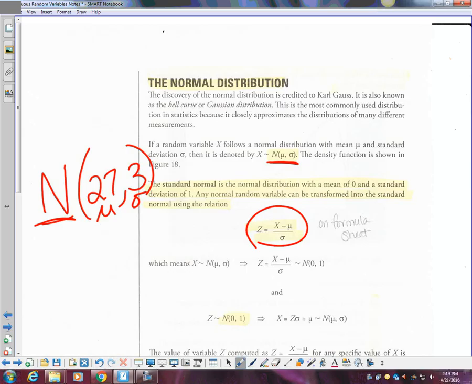Who is that? And don't say Z. But he is the standard normal distribution, which tells us how far away something is from the mean. It standardizes everything. Do you remember we did a problem where in Hope's chemistry class, she made an 83, and in Kyla's biology class, she made a 74.